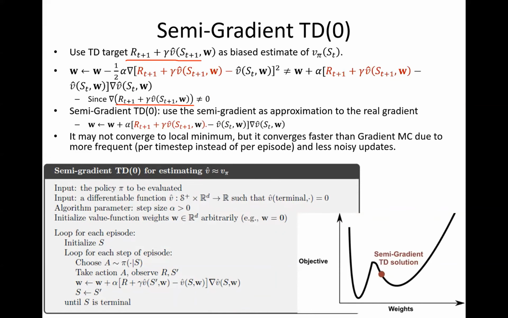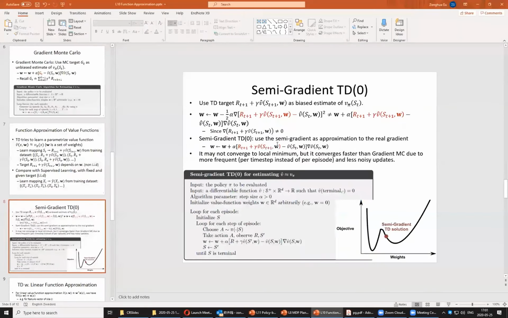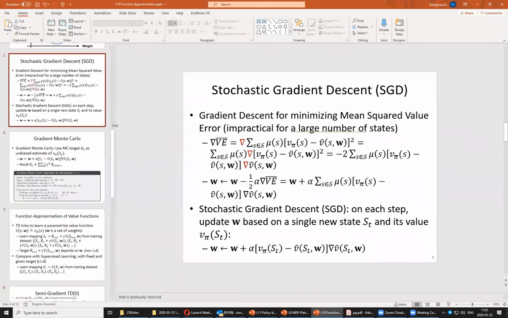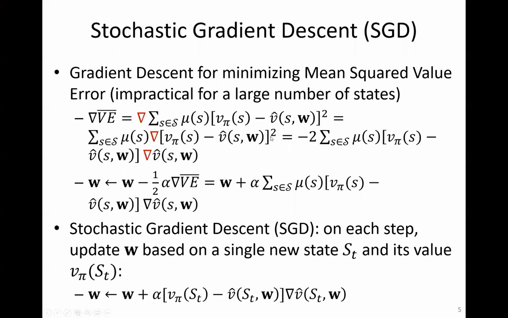So if you remember the gradient Monte Carlo, stochastic gradient. When you go from here to here, V pi is not dependent on W. That's the ground truth value function.